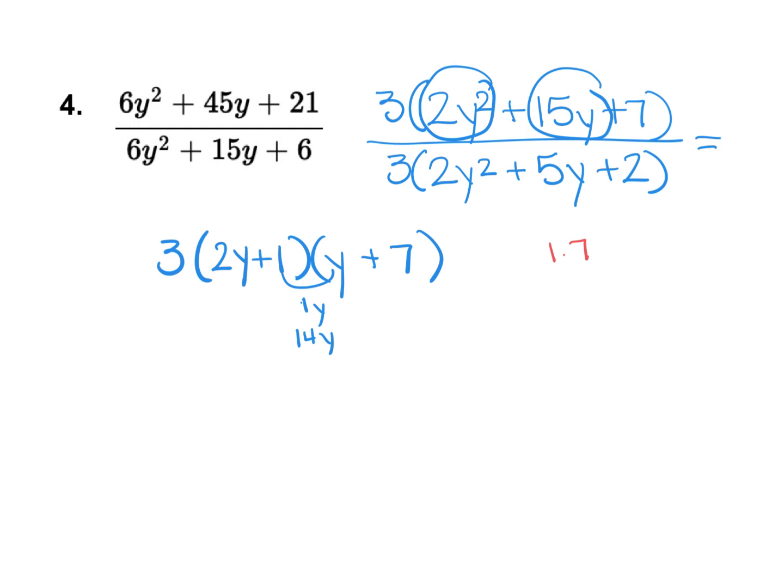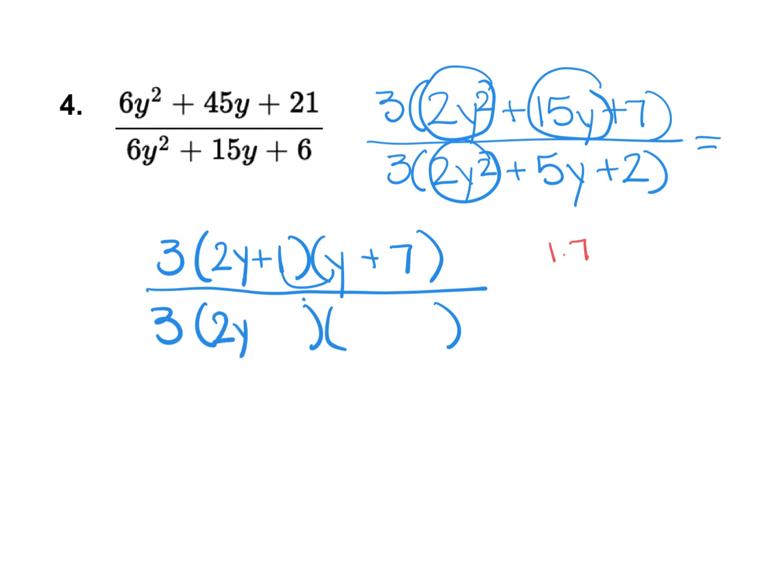So now that we have that factored, let's just erase this right here. So that's the top, or the numerator. Now for the denominator, again, we've got our 3, and then to make up this 2y squared, we're going to have a 2 and a y, and then a y. And now the factors of 2 are 1 times 2, so we just have to decide where they're going to be placed.